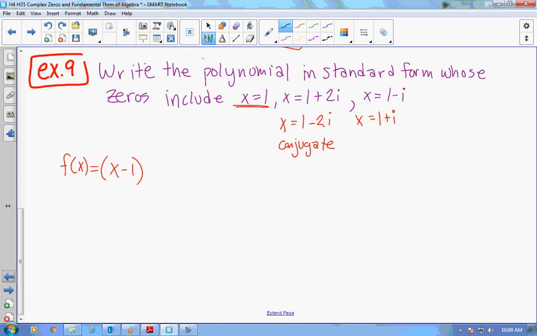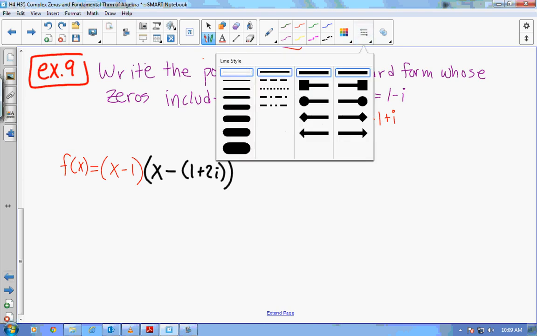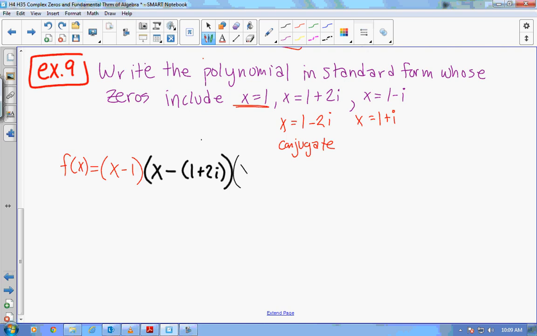So the factor would be x, and it was a positive 1, so I'm going to put minus 1 plus 2i. If the zero is positive 1 plus 2i, the factor would be x minus, but you have to put this all in parentheses, 1 plus 2i.